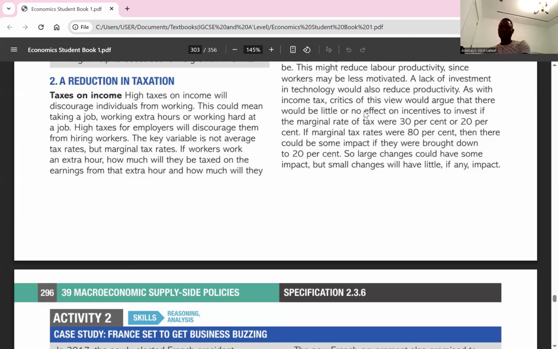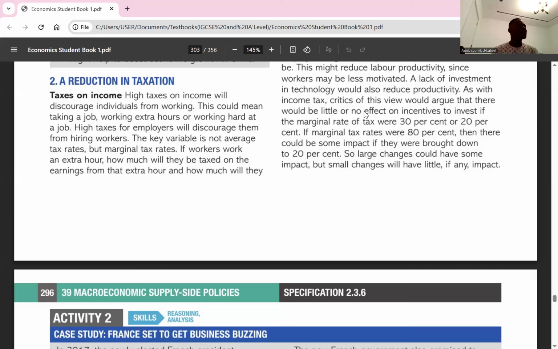So the point about taxation is this. Taxes are expected to reduce the income of individuals. Taxes reduce the profit of firms. So now let's base on income. The average tax is not the problem because if tax increases, individuals know that they can work extra hours to cover up for that increase.